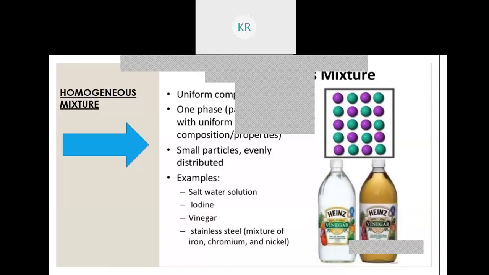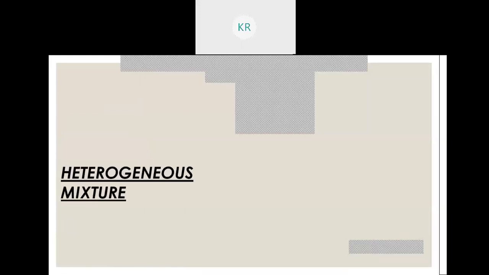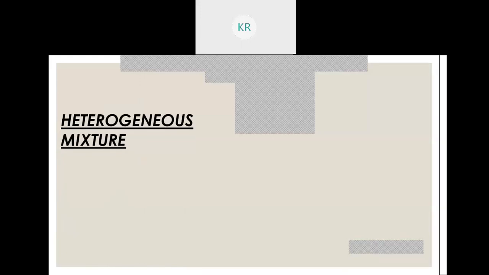Now come to the next, which is heterogeneous mixture. As we have discussed, in a homogeneous mixture the components are evenly distributed. But in a heterogeneous mixture, the components are not distributed evenly throughout the mixture.